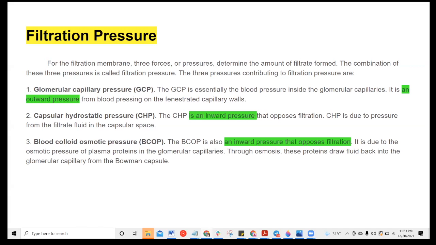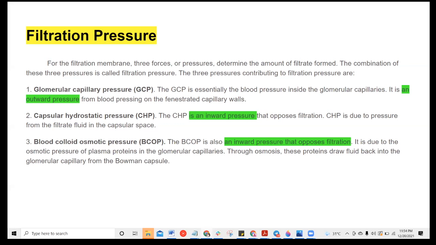Second one is the capsular hydrostatic pressure or CHP. That is an inward pressure that opposes your filtration. This is due to pressure from the filtrate fluid in the capsular space. So again, your GCP is outward, your CHP is the inward pressure. Third one is the blood colloid osmotic pressure.